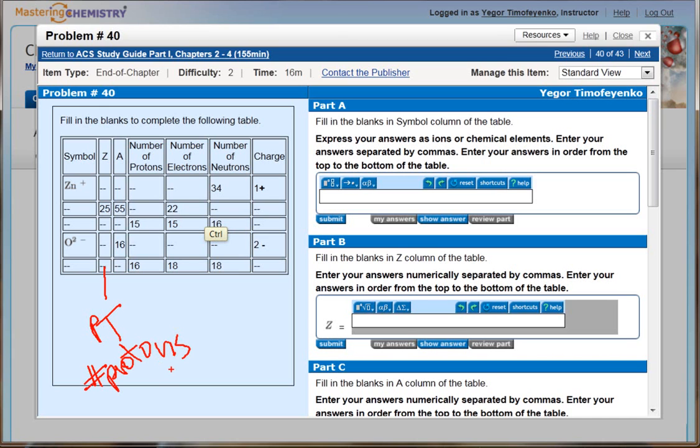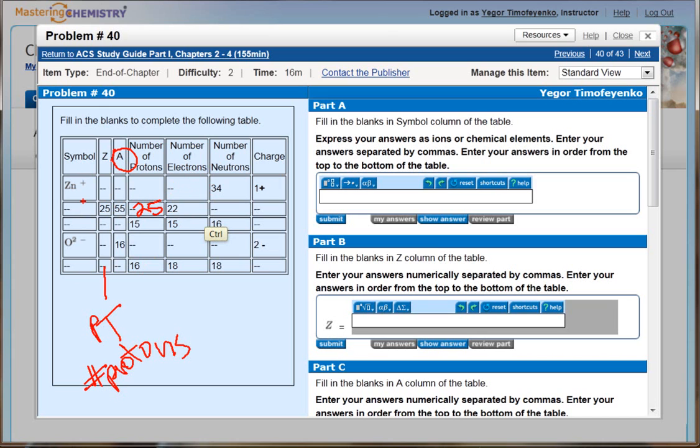Surprise, my handwriting is getting worse and worse. Then, what does A stand for? A stands for number of protons and neutrons put together. And so this Z is 25, number of protons will be 25. Number of electrons, you have to look at the periodic table and find what element has 25 protons.